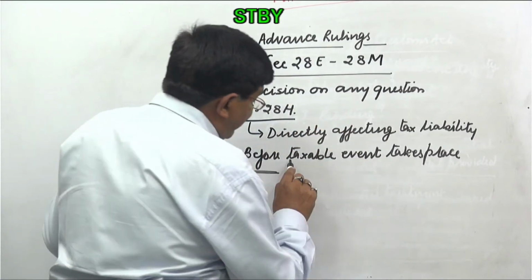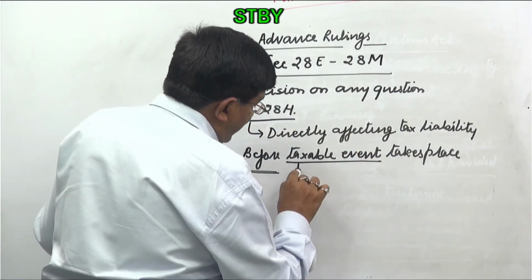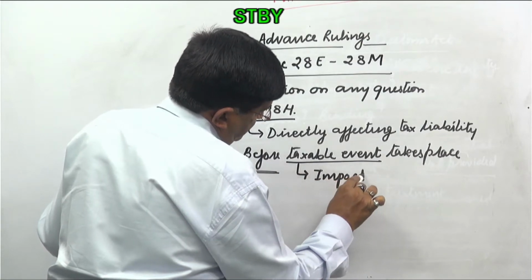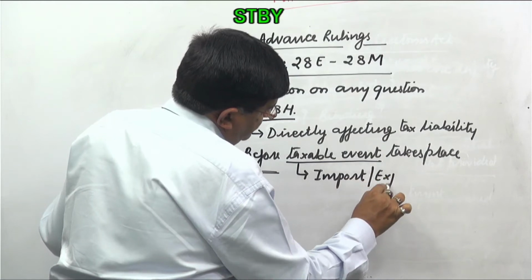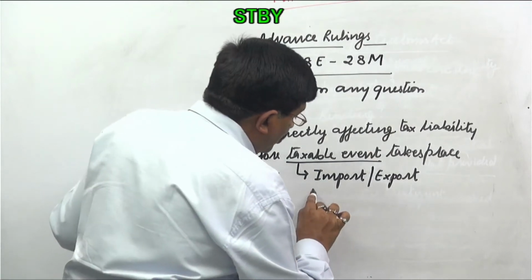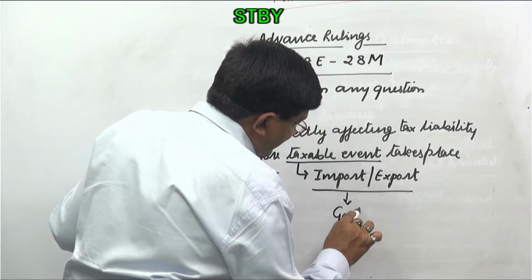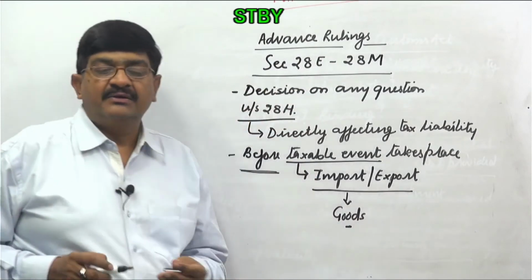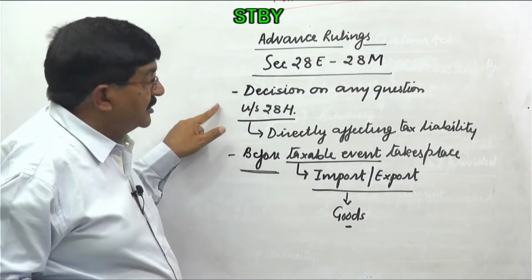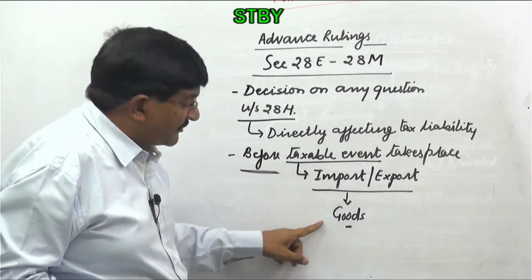Now what is taxable event for the purpose of customs? For the purpose of taxable event is import, export, right, and that too only goods. Customs Act doesn't deal with services. Right. So now you understand this. There's a decision on any question which is directly affecting the tax liability relating to import and export of goods.